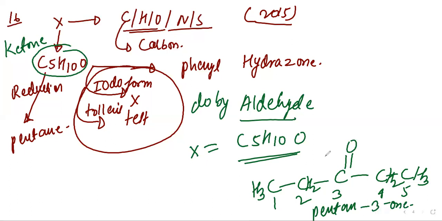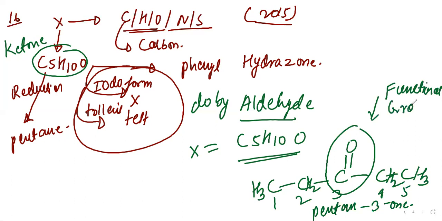Because at 3, it is forming the double bond O, right? So this is the functional group of a ketone. And as we know, the ketone general formula is R C double bond O R. This R and this R can be the same, or they can be different also. So in this case, this R and this R are the same.